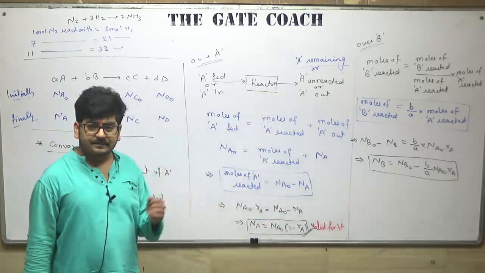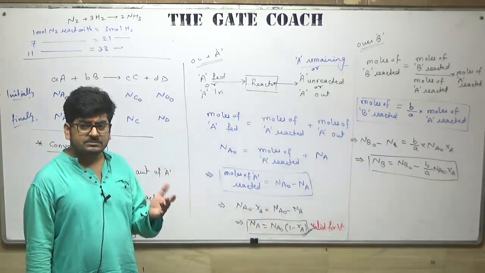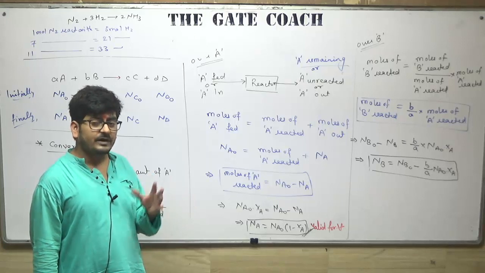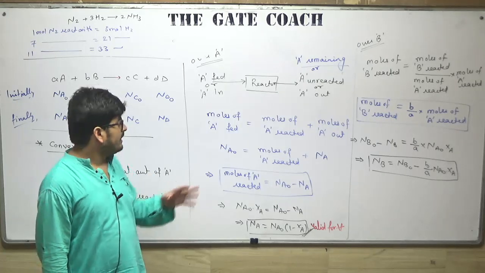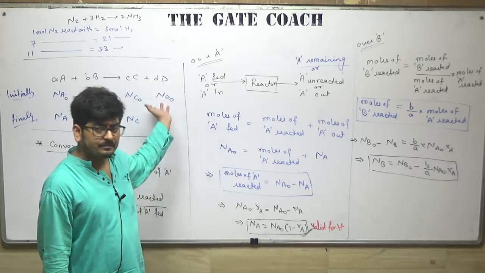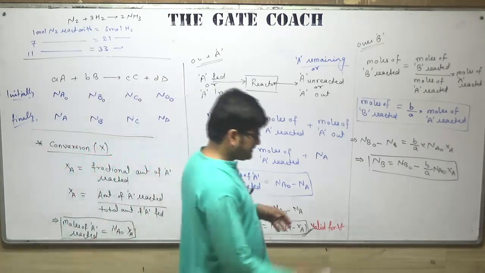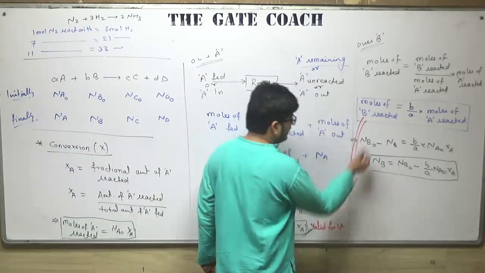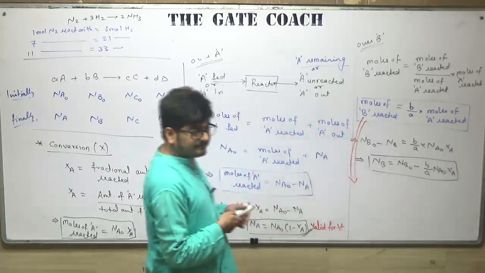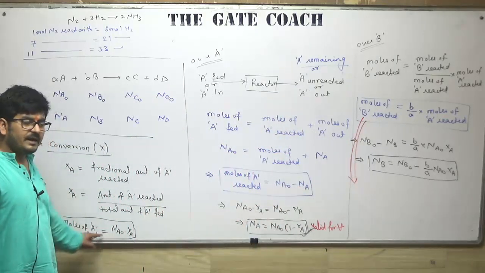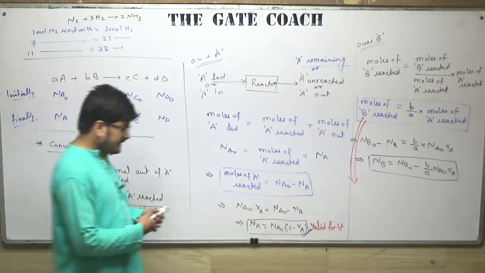And similarly, if you want to find out the relationship between conversion of A and conversion of B, then just see this. Moles of A reacted is equal to Na naught into Xa.